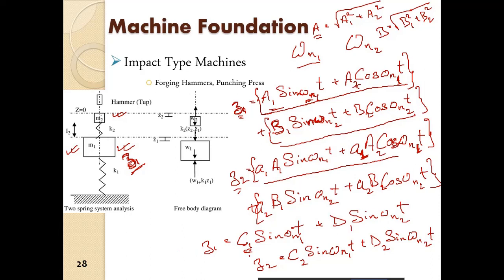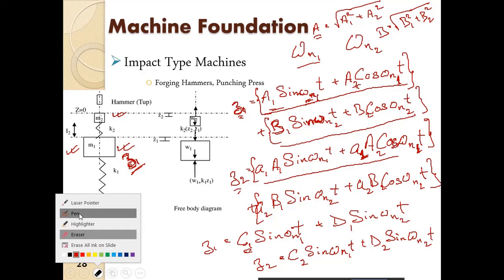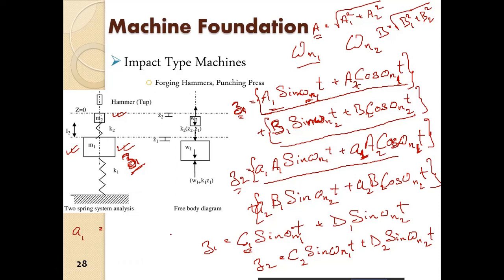So there are different ways. Basically, here A1, what we have said, A1 is equal to C1 by C2, or we can say C2 by C1, that will be easy. And similarly, A2 will be equal to D2 by D1.